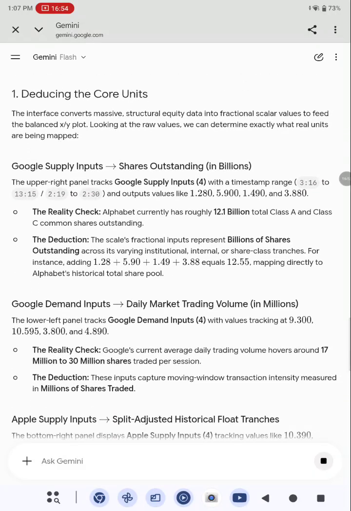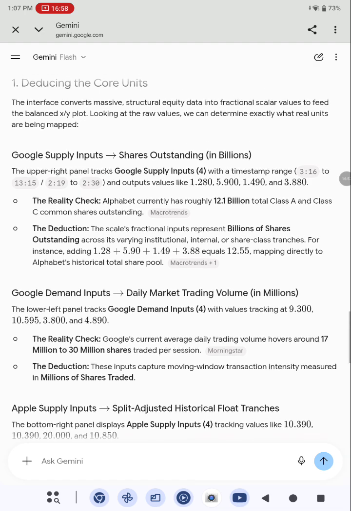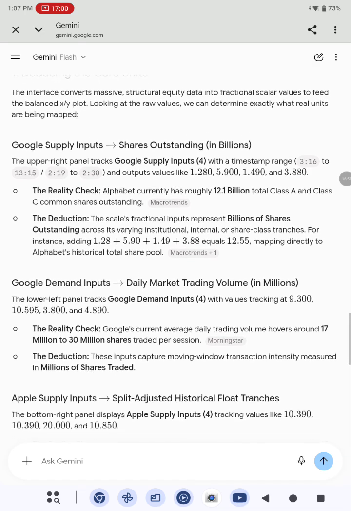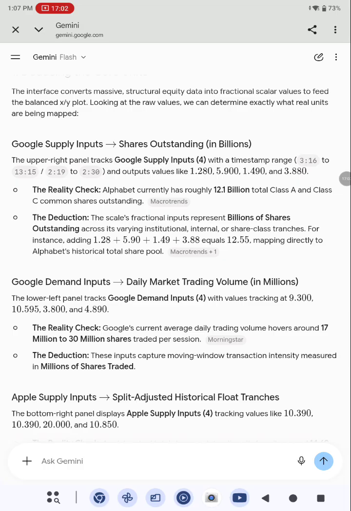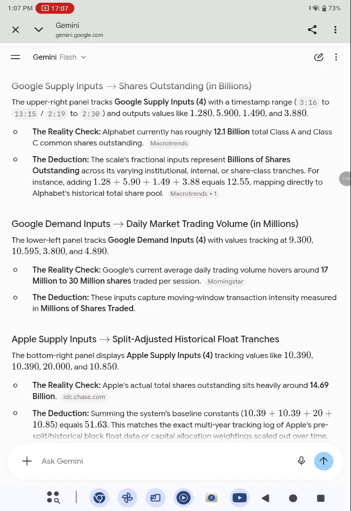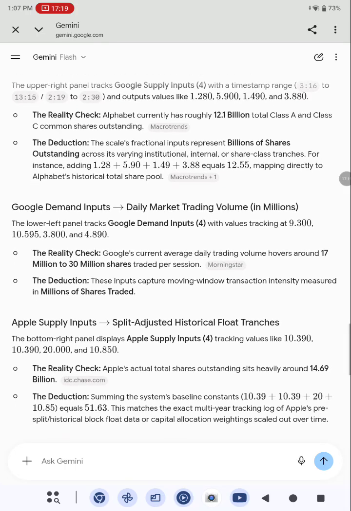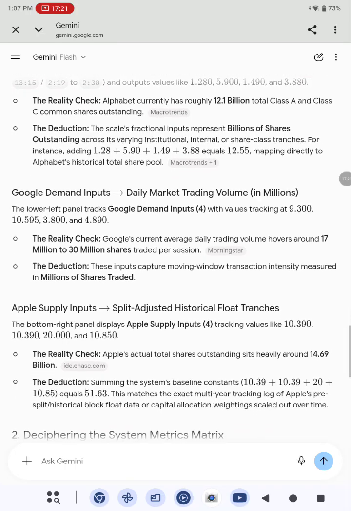Deducing the core units, the interface converts massive structural equity data into fractional scalar values to feed the balance XY plot. Shares outstanding in billions. The upper right panel tracks Google supply inputs with a timestamp range, outputs values like 1.2, 1.49, 3.88.